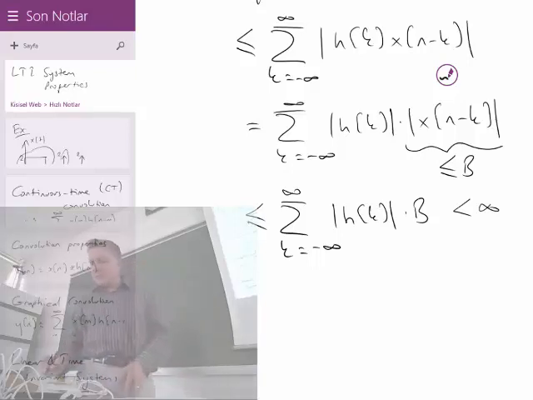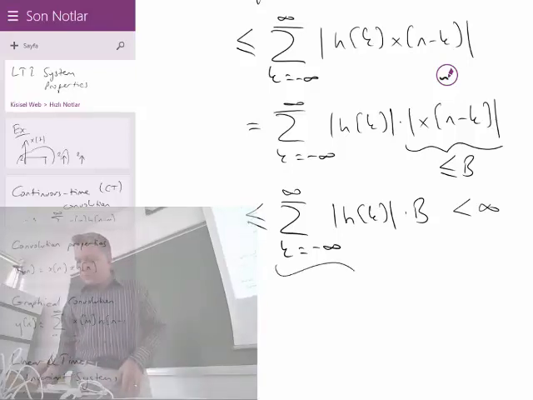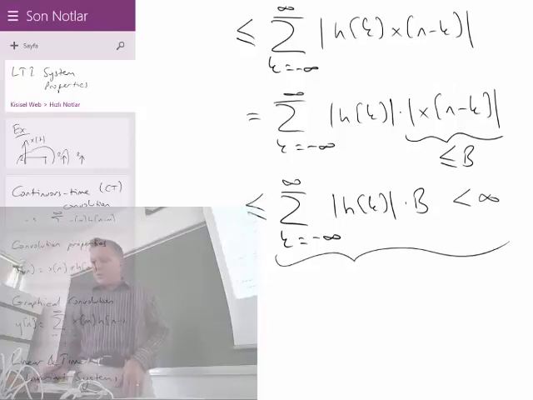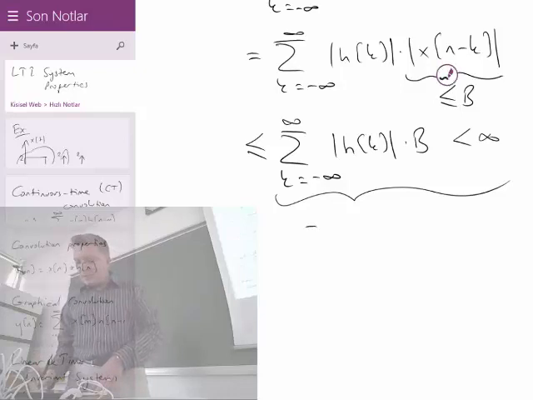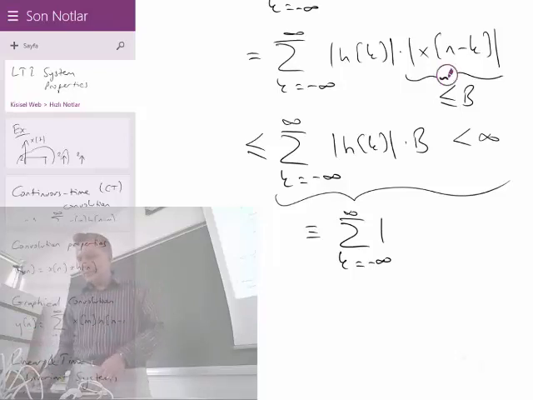And how does it happen? This side of the equation holds for any finite value of B. It means that it's equivalent to saying the summation over k from minus infinity to infinity, the scale doesn't matter anymore, it doesn't change the infiniteness. The absolute summation of h of k must be finite.